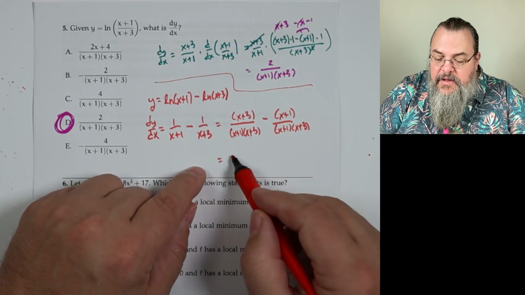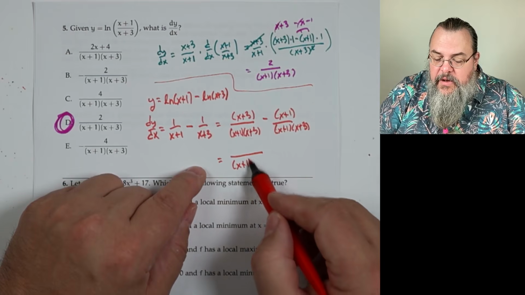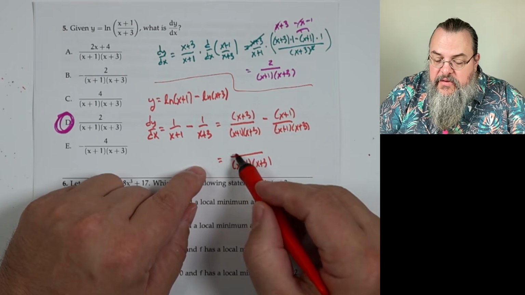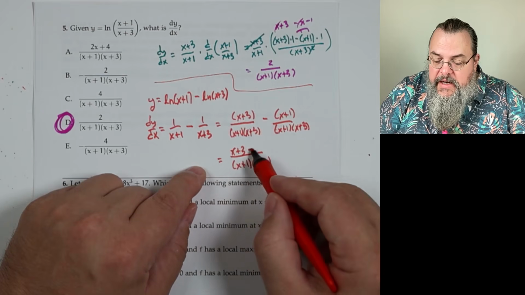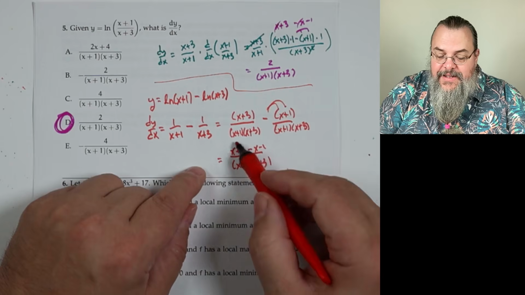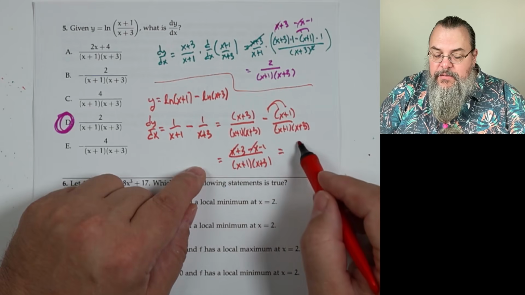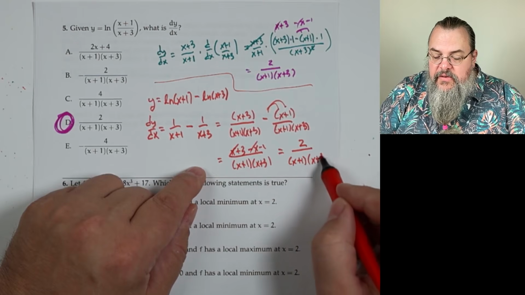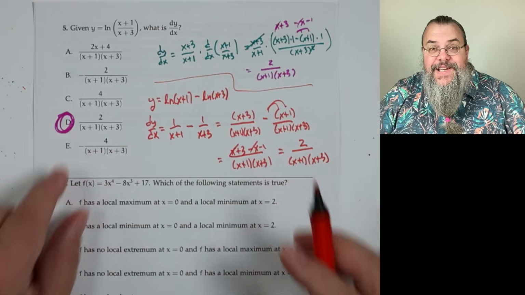Well, we have our common denominator of (x plus 1) times (x plus 3). Upstairs, well, we get x plus 3 minus x minus 1, right? Be careful with that minus sign. The x's cancel, and we're left with 2 over (x plus 1) times (x plus 3), which is D.